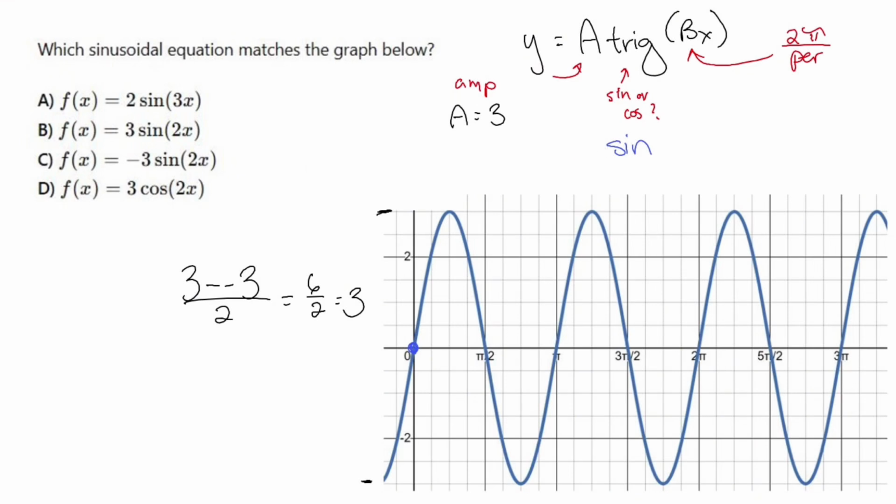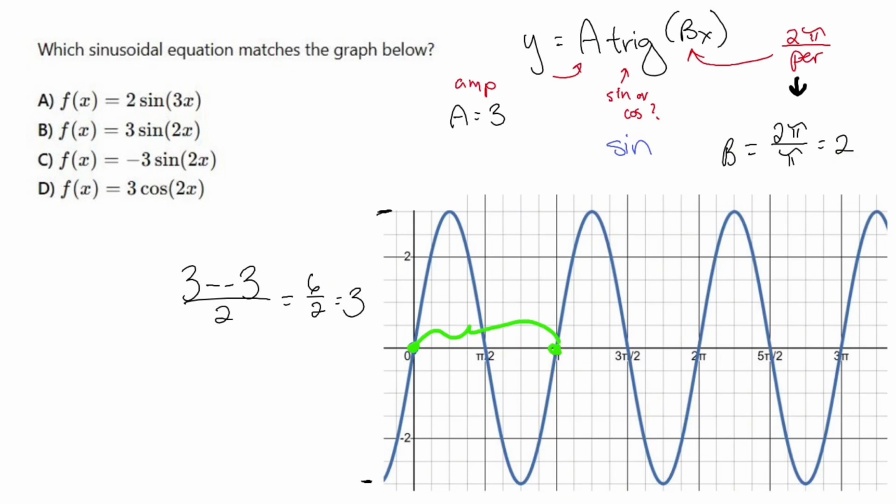Now, last but not least, I need to find the period, so that I can plug it into that equation right there. If I do start at 0, go up, down, and repeat at pi, that means my period is pi. So I'm going to turn this into 2 pi over pi, which means that b is 2.